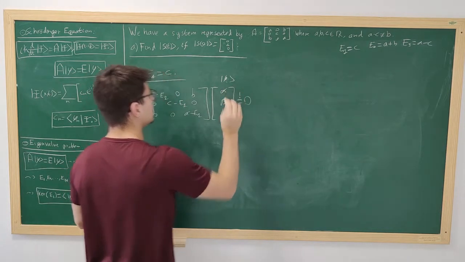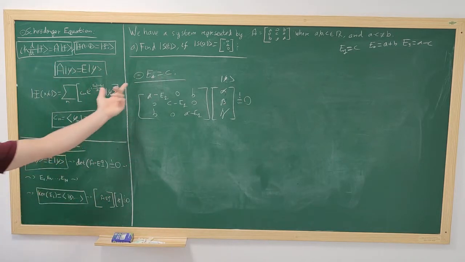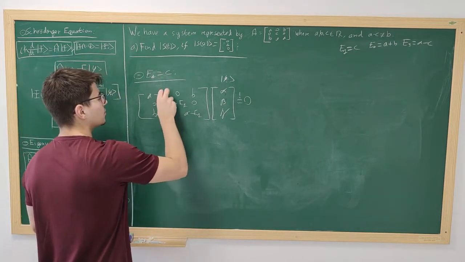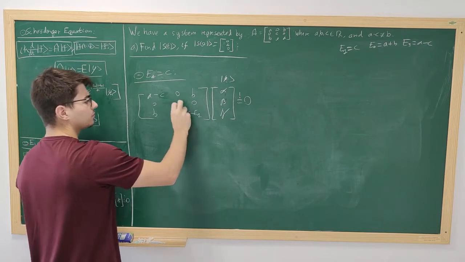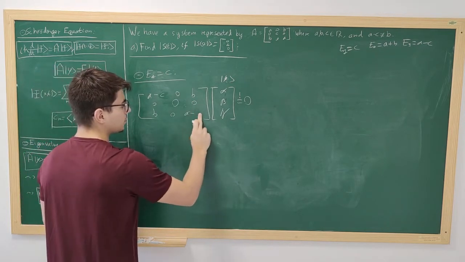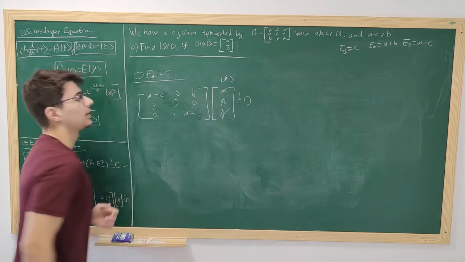We're imposing again that this is 0. We know that E1 is c, so let's substitute here. But c minus c is just 0.